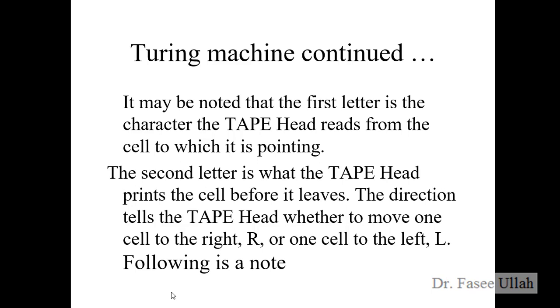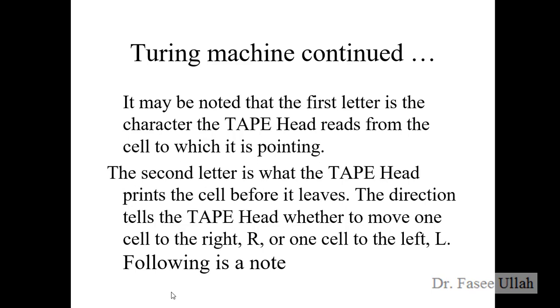It may be noted that the first letter is the character the tape head reads from the cell to which it is pointing. Whenever we start from the initial cell, it means it is pointing at the start, where the head is reading the particular letter. The second letter is what the tape head prints in the cell before it leaves.